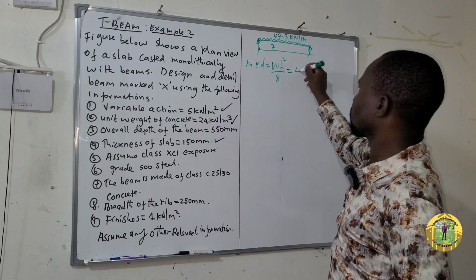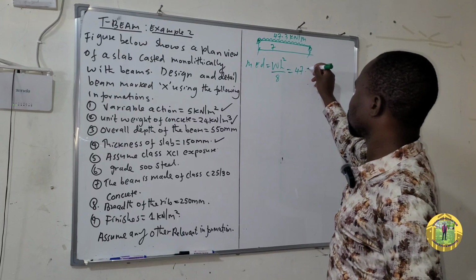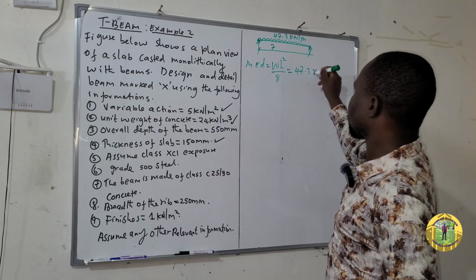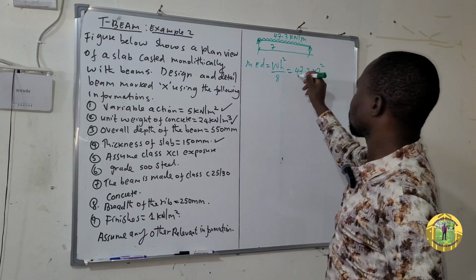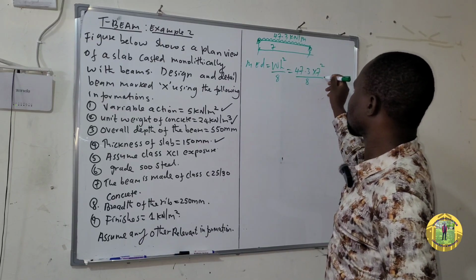So this one is equal to 47.3 times 7 square all over 8.